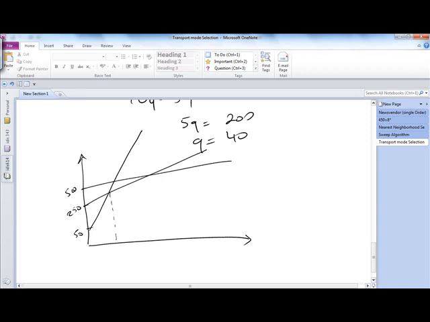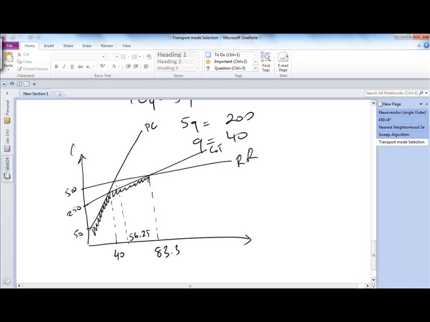These two intersect at 40. This point is 56.25, and this is 83.3. So my area is this, and let me also name it. This is private carrier, this is company truck, and this is railroad.